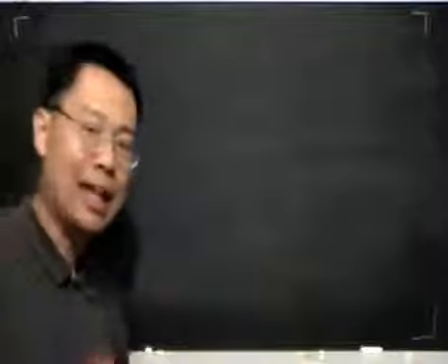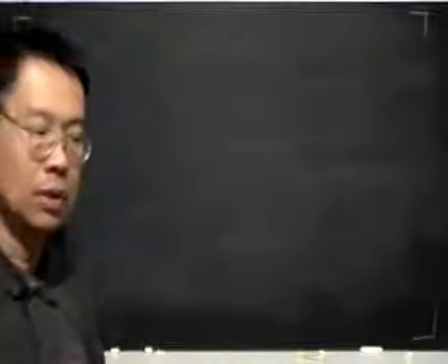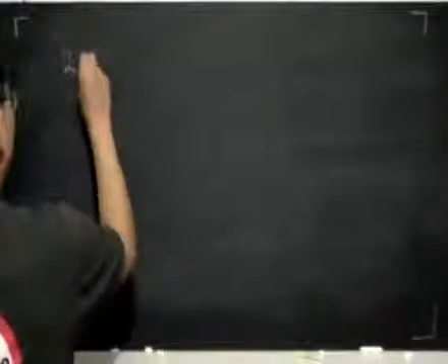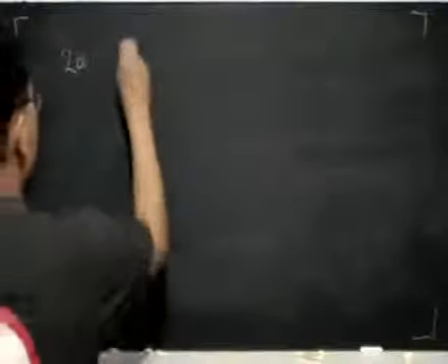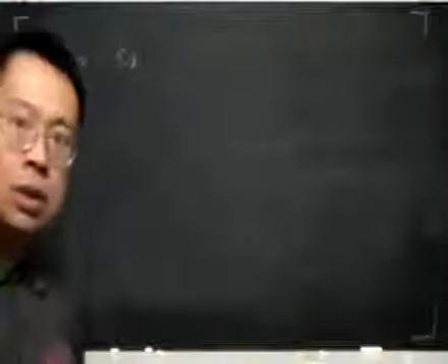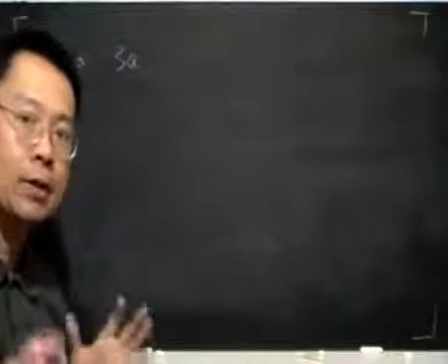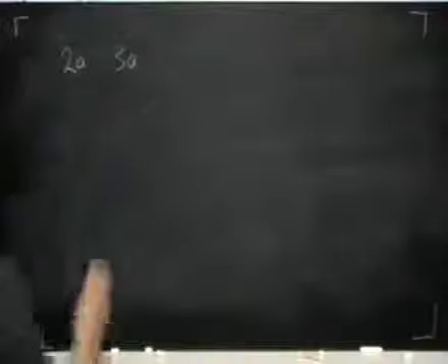We'll now look at adding terms in algebra. Let's start with an example. Let's say I have 2a and 3a. We have these two expressions, 2a and 3a, and we want to add them.